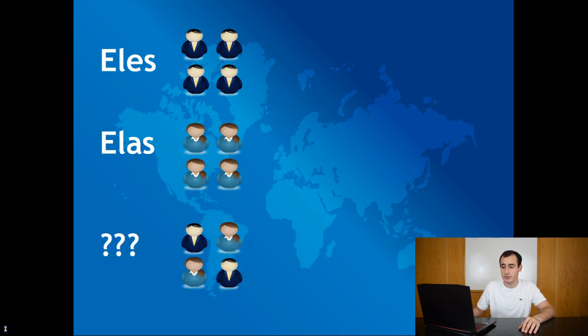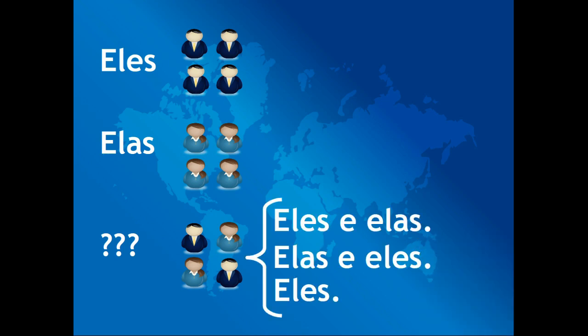You may ask yourself, what about those groups which include both male and female? Well, in this case you can use both pronouns. You can say eles e elas, or elas e eles, or you can just say eles, because in this case the male pronoun predominates in Portuguese.